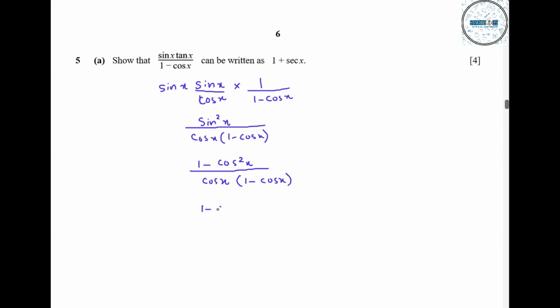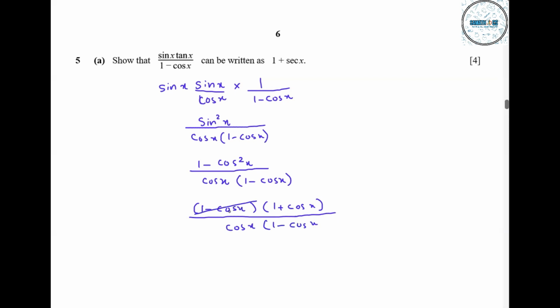So this will become 1 minus cos x times 1 plus cos x upon cos x times 1 minus cos x.